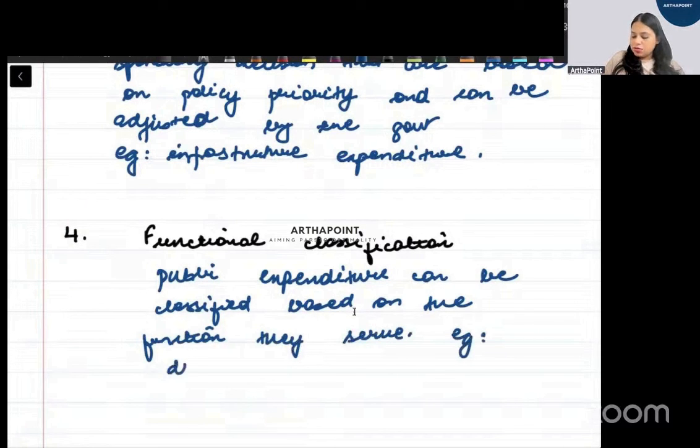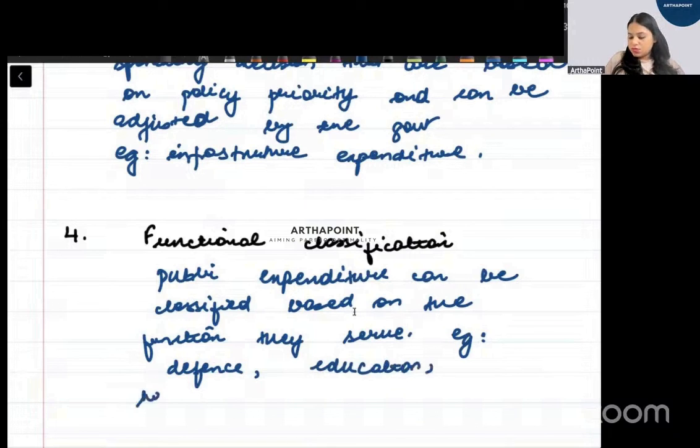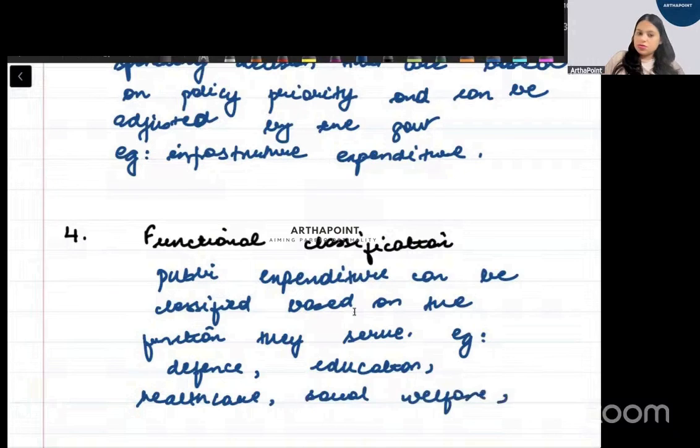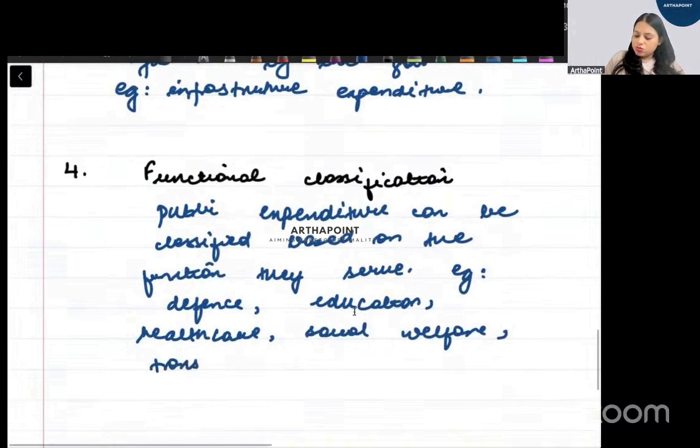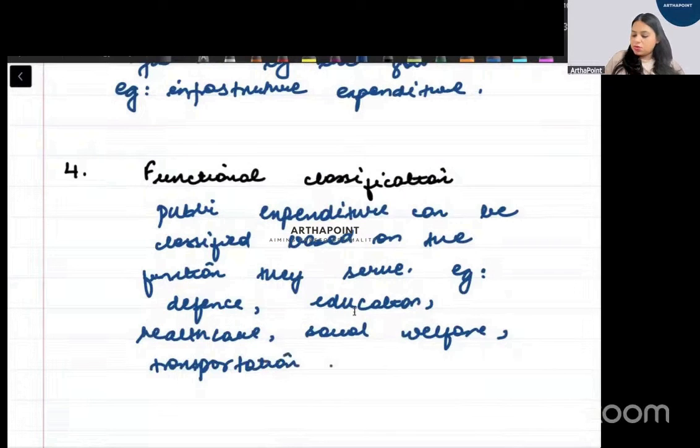Example, defense, education, healthcare, social welfare, transportation, etc. So what function the expenditure is performing, based on that, right?